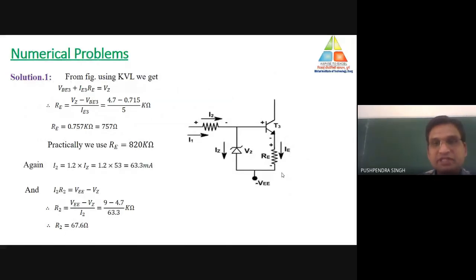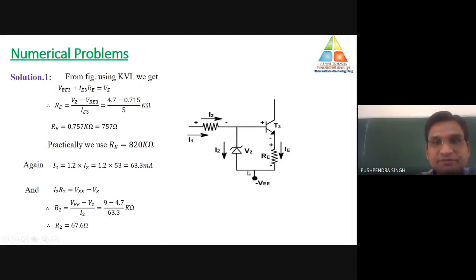In each and every solution or derivation of a constant current biasing source, we start with the base terminal voltage of transistor number 3. For solving this particular question, you may apply one KVL loop in this particular part.